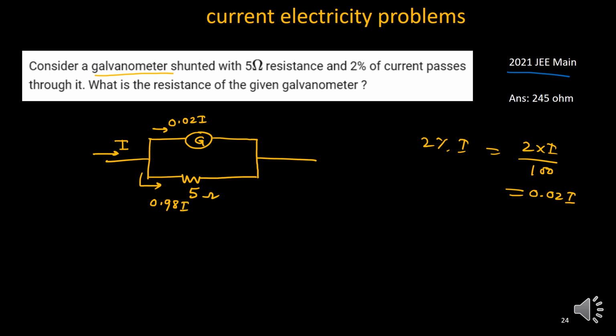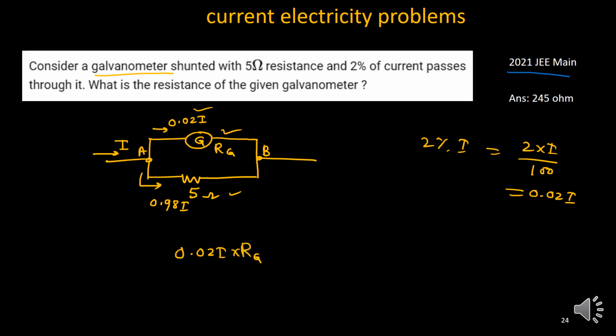Okay. Now as these 2 points are connected between these two nodes A and B, both will have the same potential gap. If this resistance is Rg, the voltage drop across this galvanometer will be this current into resistance. So this current is 0.02 I and resistance is Rg.